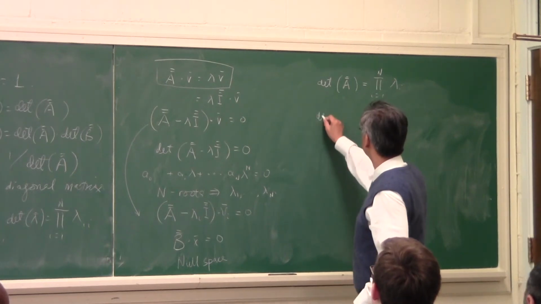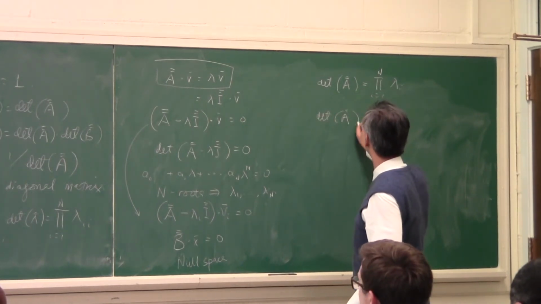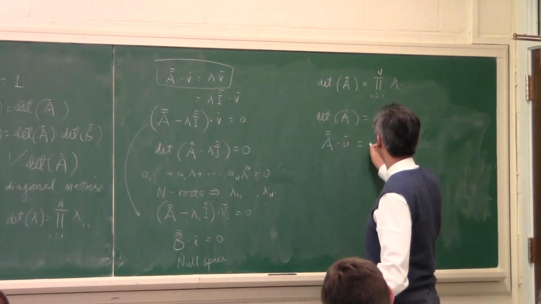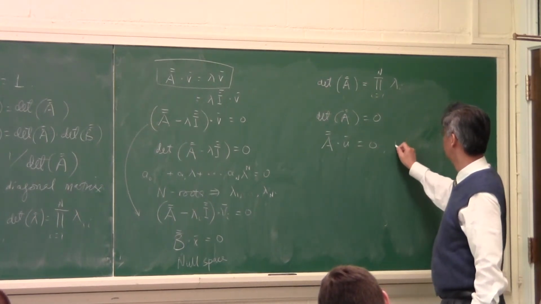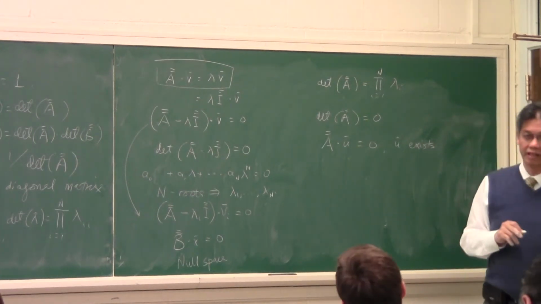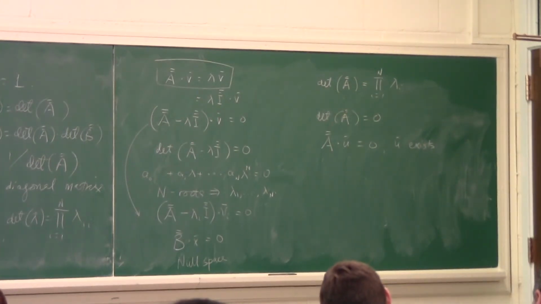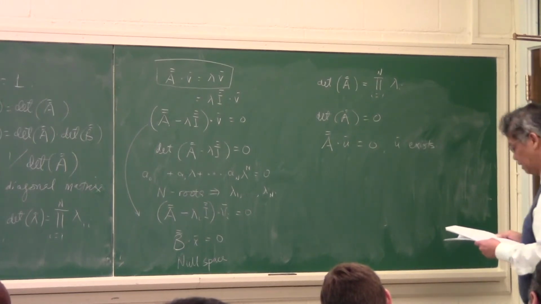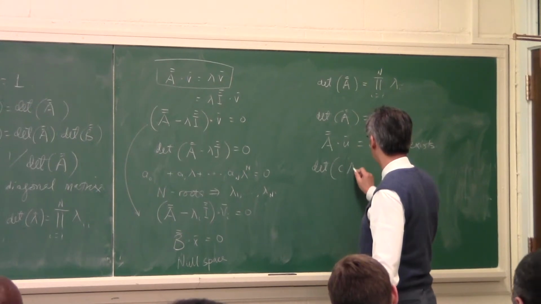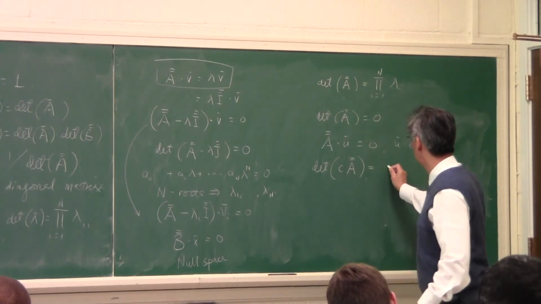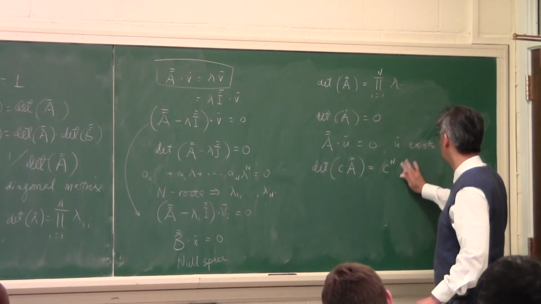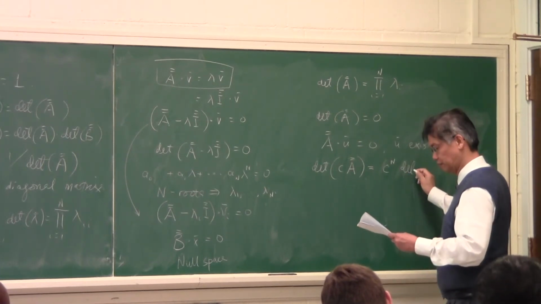And if the determinant of A is equal to 0, it means that there exists a vector u such that A dot u equals 0. And you can prove that if you multiply the matrix by a constant c, then its determinant value is c to the n times the determinant of A.